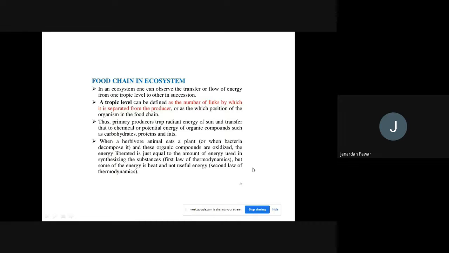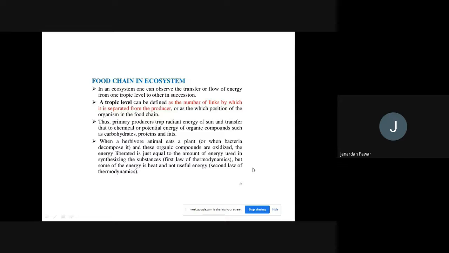Okay, so here we are going to understand what is food chain in ecosystem. Whenever we think about an ecosystem, one can observe the transfer or flow of energy from one trophic level to another in succession. As we have seen, there are 4 trophic levels.